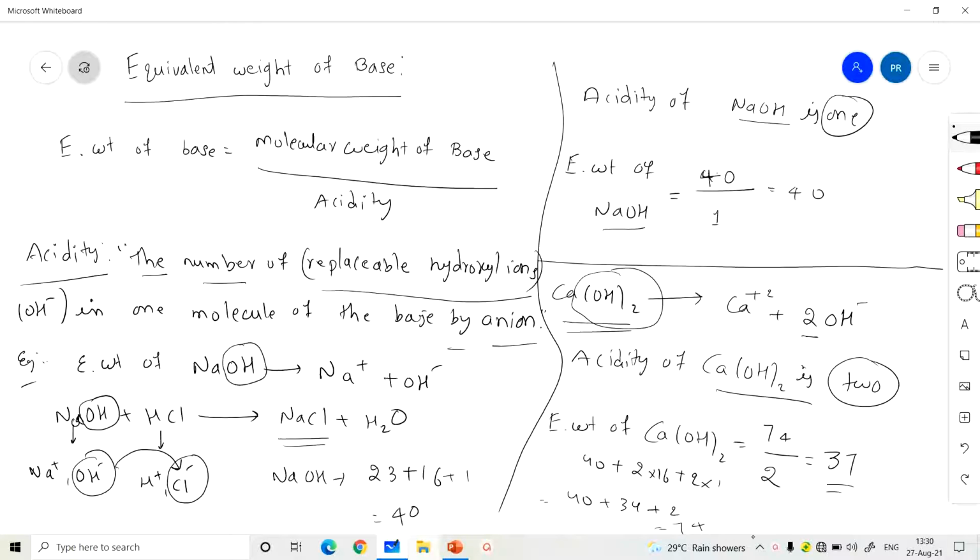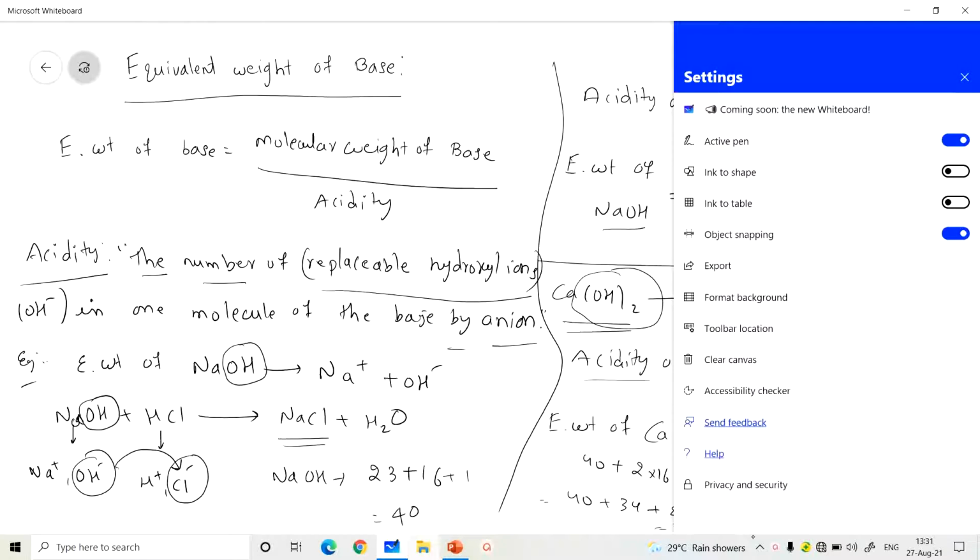So for NaOH, the number of replaceable hydroxyl ions is 1, its acidity is 1, and the equivalent weight is 40 by 1, that is 40. Next, the acidity of calcium hydroxide is 2, so the equivalent weight is 74 by 2, that is 37.